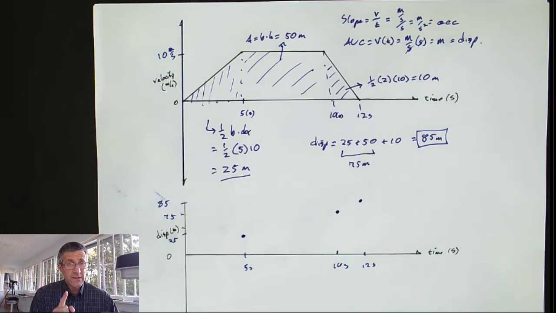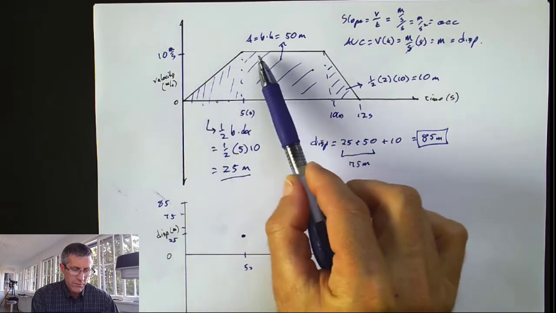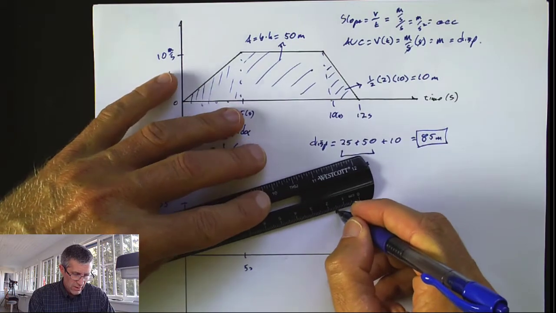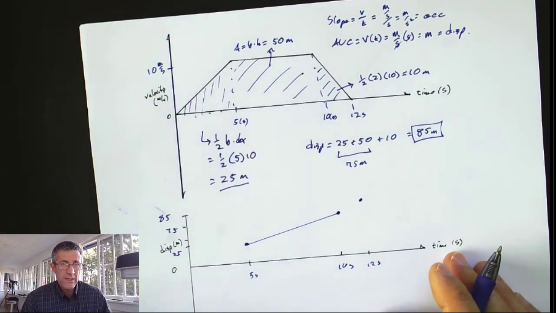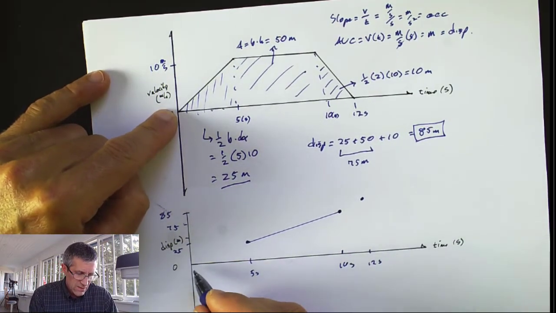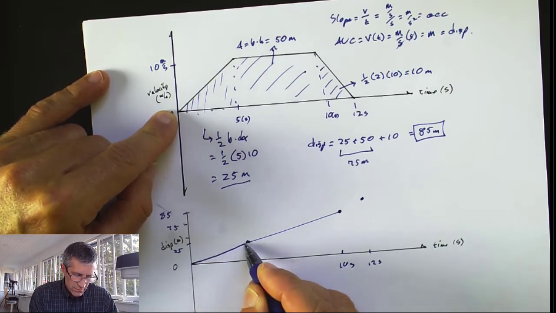So how I connect these is a little bit tricky here. I'll start with the easy one. Here, my velocity is constant, so constant velocity means a straight line. Between these 2 points, I have a straight line. My velocity starts at 0 and increases to this, so I'm going to have sort of a curve here.